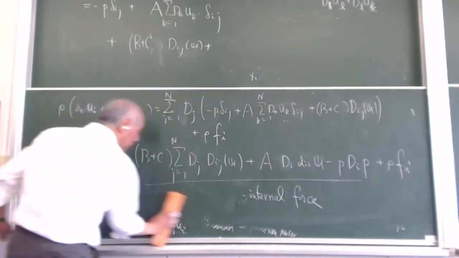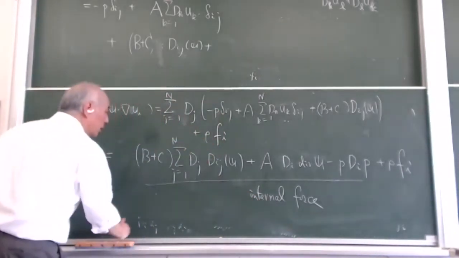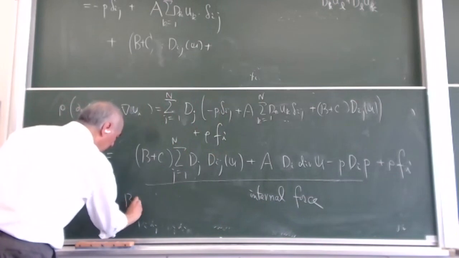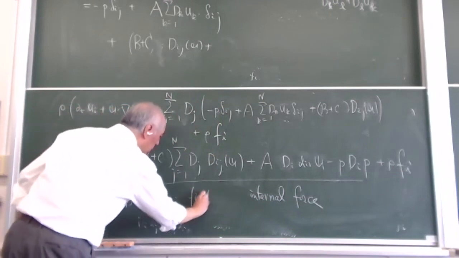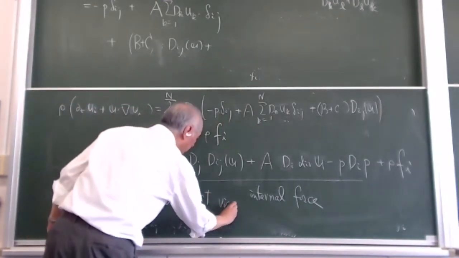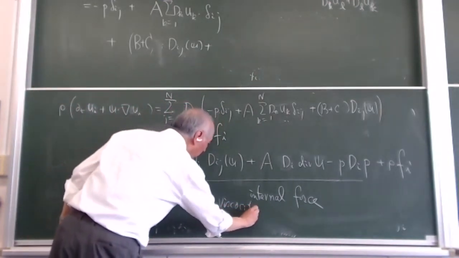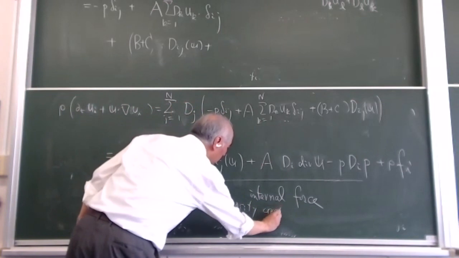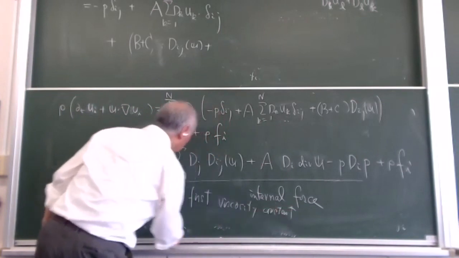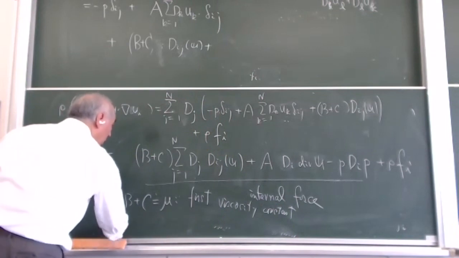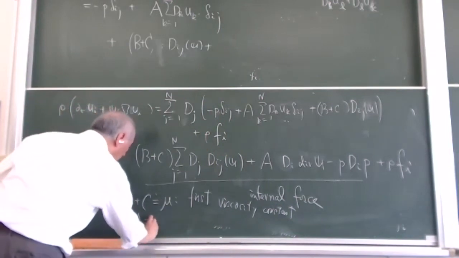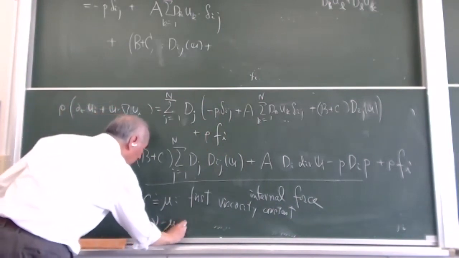And then usually we write B plus C equal to mu, the first viscous constant, called Stokes. And A is equal to lambda, mu minus mu.